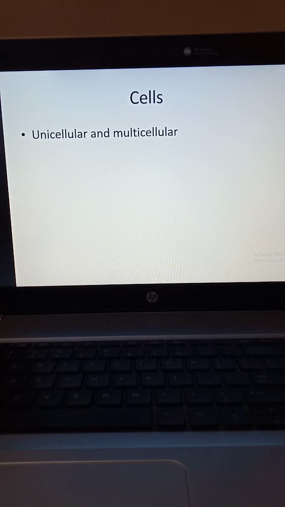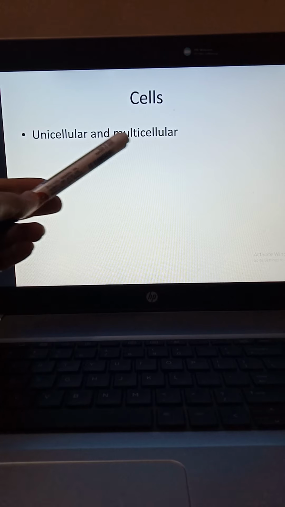Basically, there are two kinds of organisms. One who are composed of just one cell, they're called unicellular, and the other who contain more than one cell, they are called multicellular.